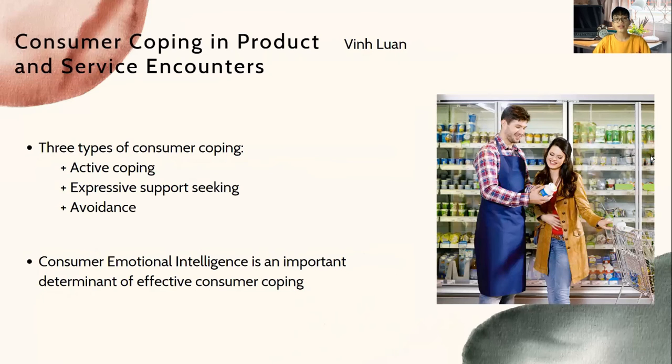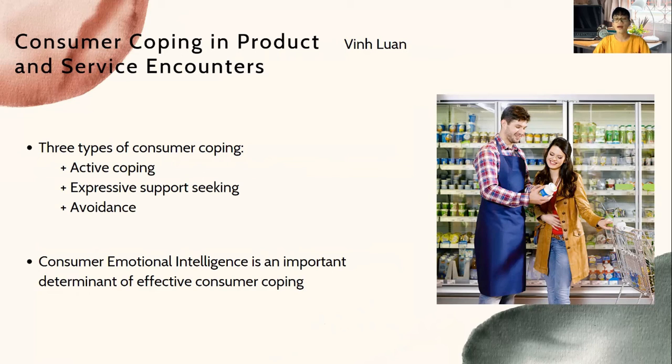The second part is about consumer coping in product and service encounters. It cannot be denied that consumers have to cope with negative emotions in many marketing situations, and coping is the process that involves consumer thoughts and behaviors in order to react to a stress event and achieve more positive emotions.